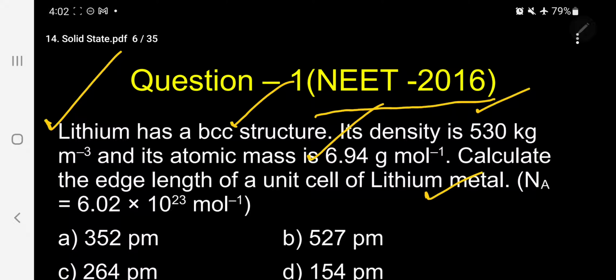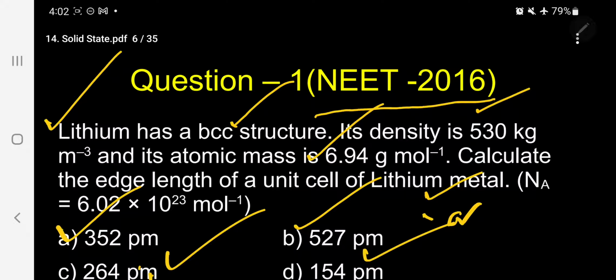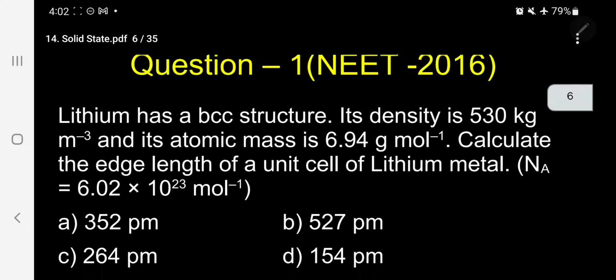Avogadro number is given as 6.023 into 10 to the power of 23 per mole. What is the edge length of unit cell? That is nothing but a. They are asking, options: A 352 picometer, B 527 picometer, C 264 picometer, and D 154 picometer. Kindly follow. So let me come to the question now.